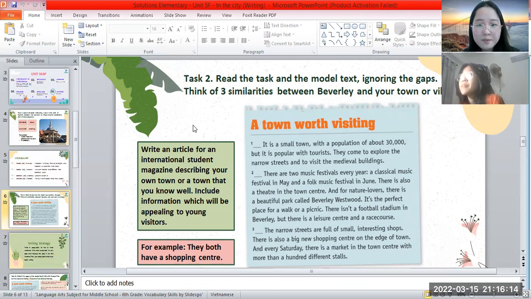Okay. Yes, that's correct. They both have interesting shops. Two more.